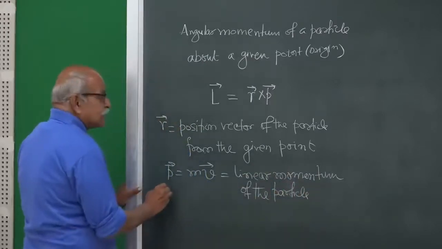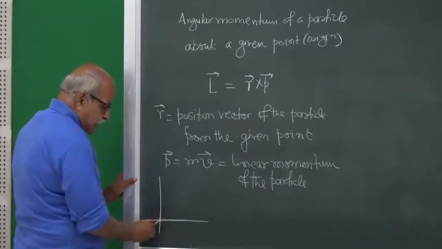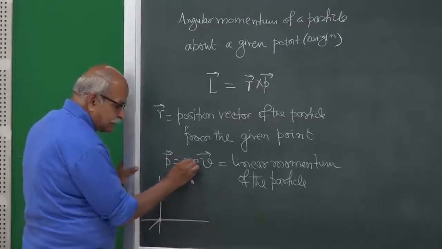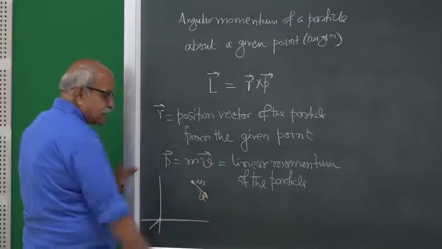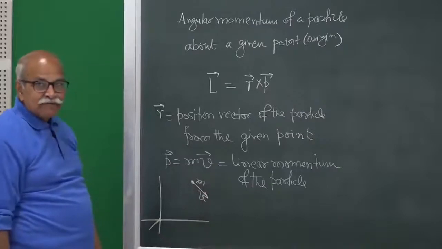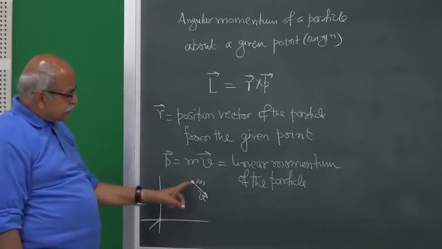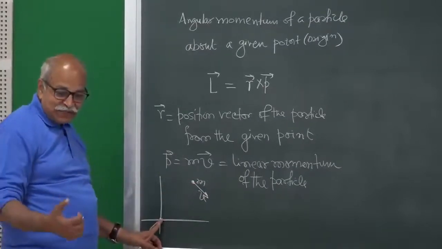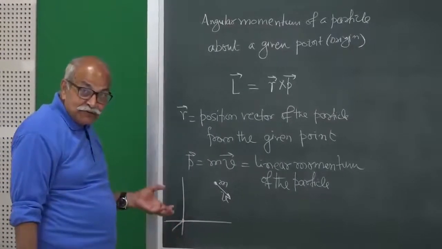So, if you have an origin, if this is that point, and at a certain instant you have a particle of mass m moving in some direction, say this direction, with a speed v, the angular momentum of this particle at this instant about this point, always whenever there is an angular momentum, about which point should be known.